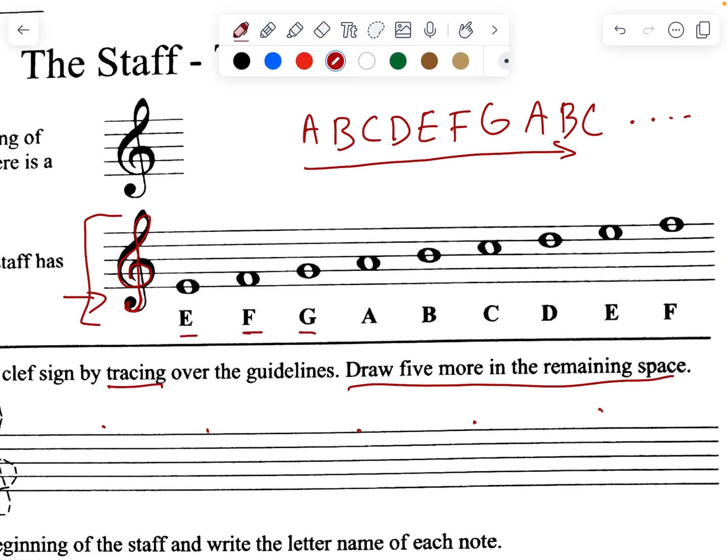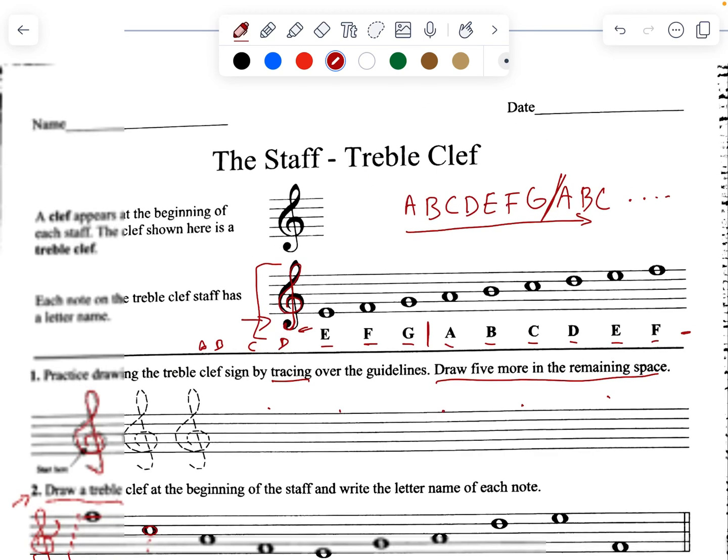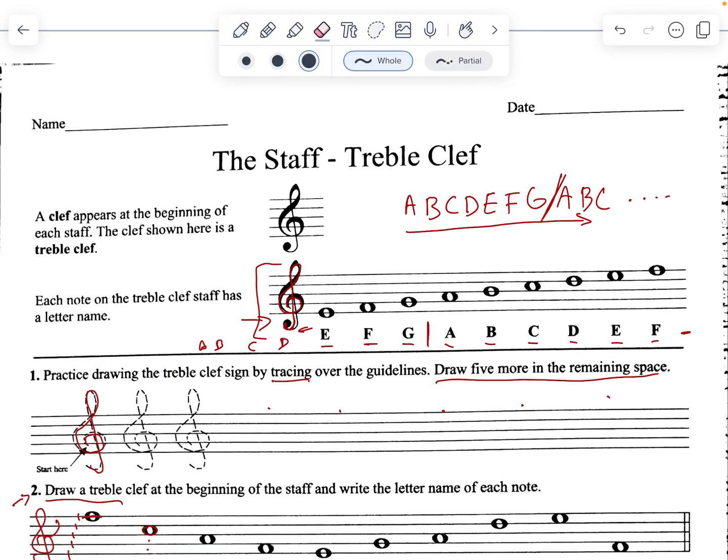E, F, G. And like I said, when we get to G, we restart back to A. A, B, C, D, E, F. And if we kept going, it would be G. And if we kept going in this direction, we would be D, C, B, A, etc., etc. Okay? So that's kind of how pitch works. And we'll play around with pitch, especially as we get onto our instruments a little bit more.